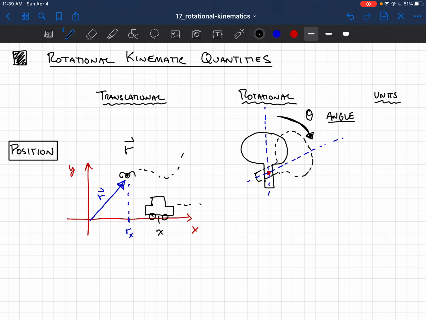So the rotational position of an object that is rotating about a single axis is what we call the angle of the object. And it's the angle relative to some position. It could be relative to its initial orientation, or it could be relative to some other axis that we define. But the angle is the key quantity. It's the positional quantity for rotation about a single axis.